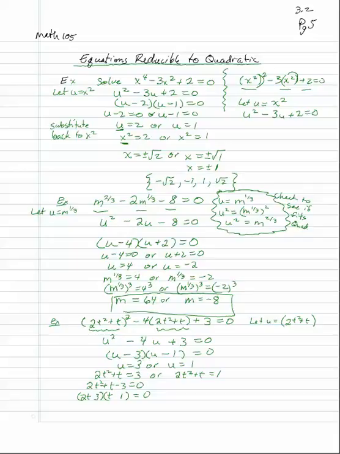And I want positive 3, negative 2. So we're going to get 2t plus 3 equals 0. So t must be, you're going to subtract 3 and then divide by 2. And t minus 1 equals 0, so t equals 1.